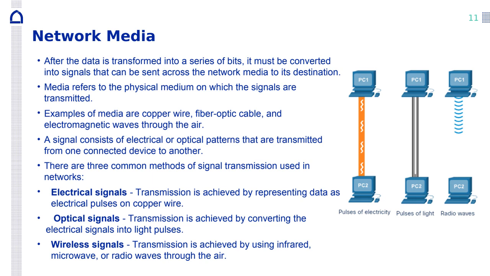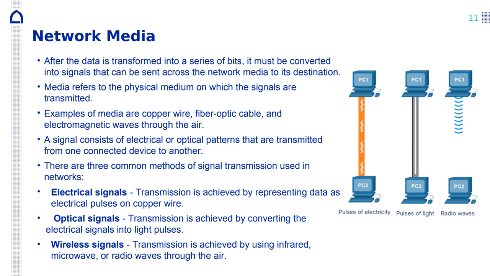Network media or cabling. Okay. We have copper. We have fiber optic, electromagnetic waves. Okay. Signal consists of electrical or optical patterns that are transmitted from one connected device to another.